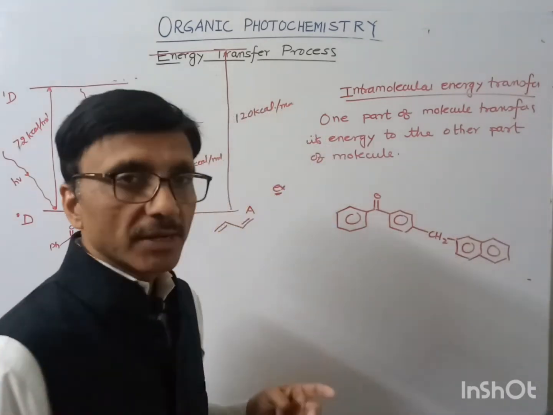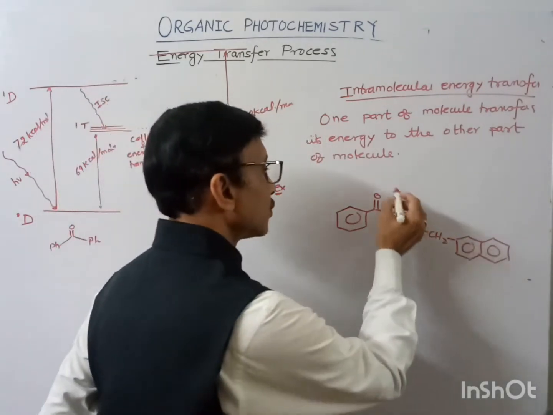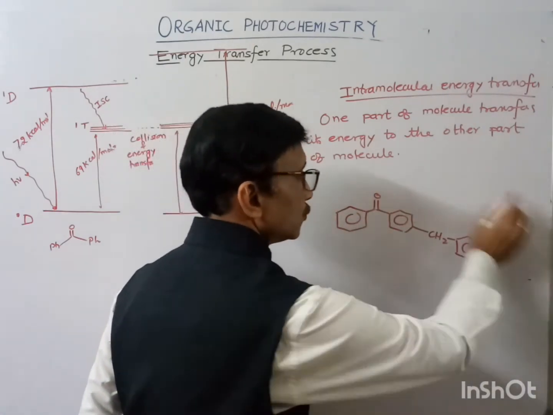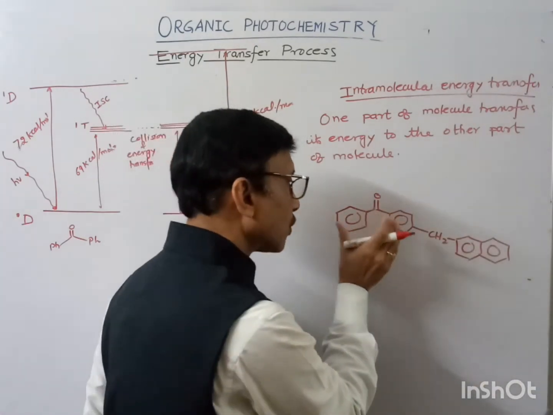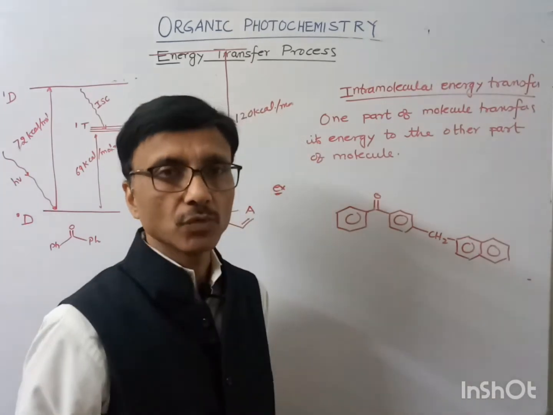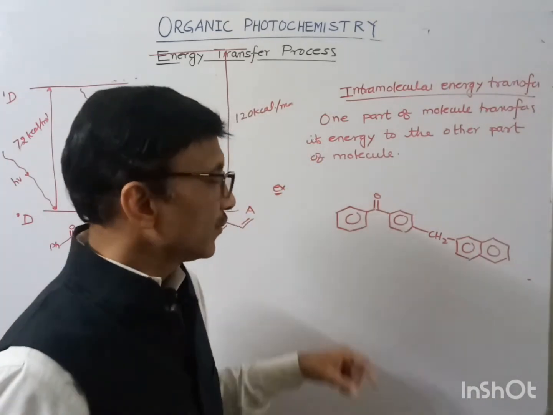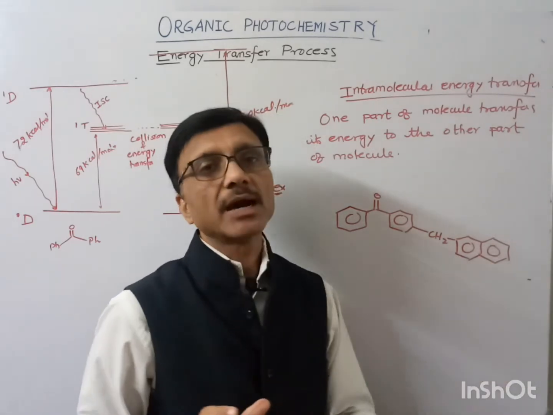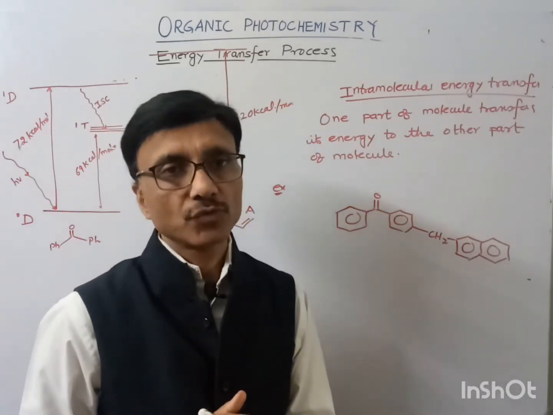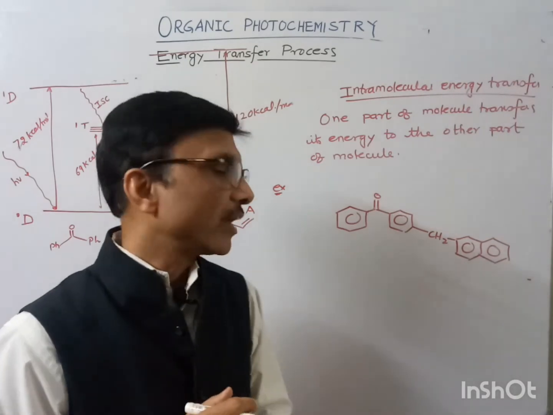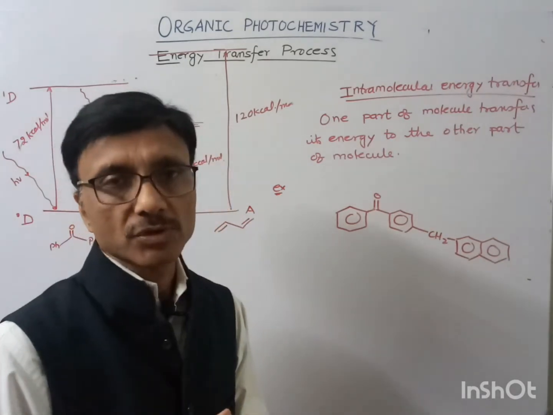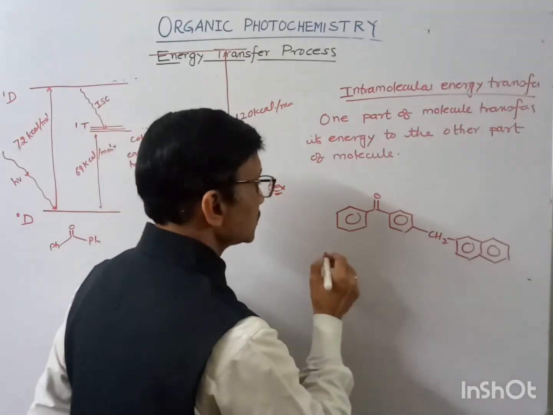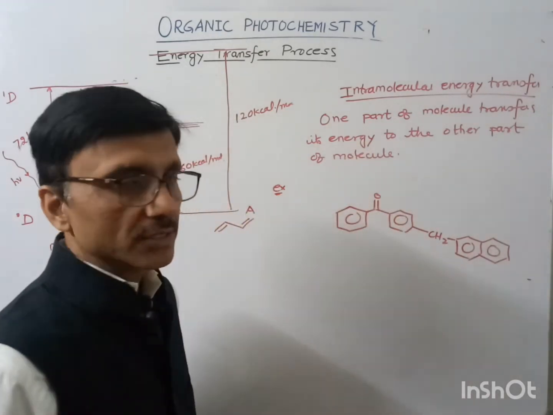So if we irradiate this complete molecule with a wavelength absorbed only by the benzophenone, then we can find the band due to the naphthyl alkyl part in the spectrum. This can only happen via the triplet energy transfer process. So this is an example of intramolecular energy transfer.